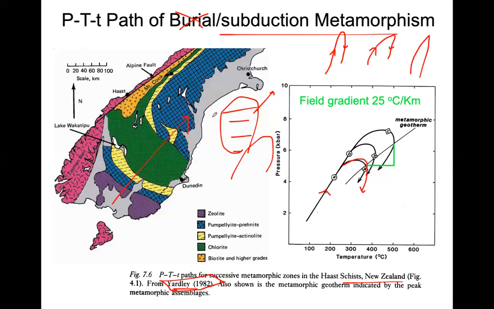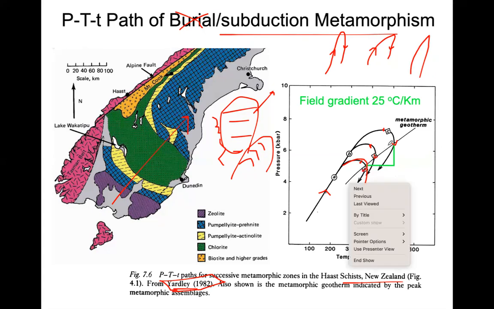But depending on the different depths of these different lithologies, they are having low pressure, moderate pressure, and high pressure paths. Okay, so they reach the maximum pressure and maximum temperature.